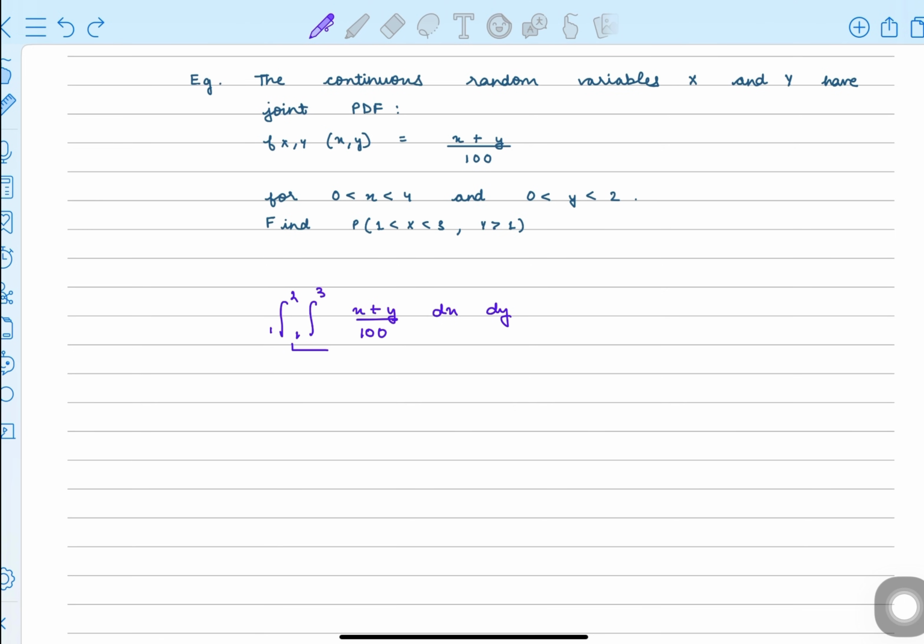Then, we start by solving the first integral and integrating with respect to x, treating y as a constant.